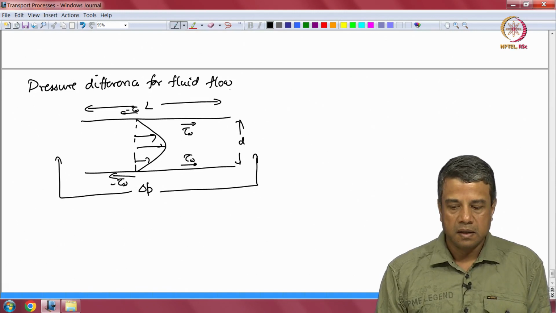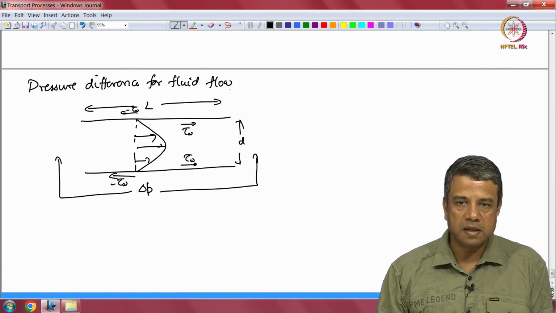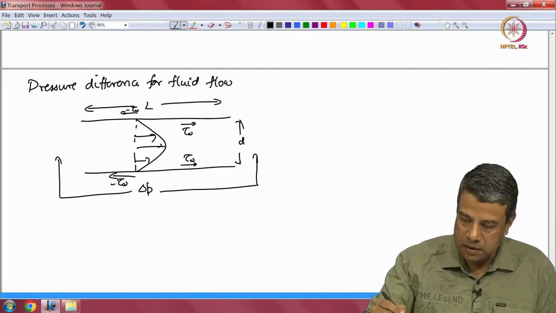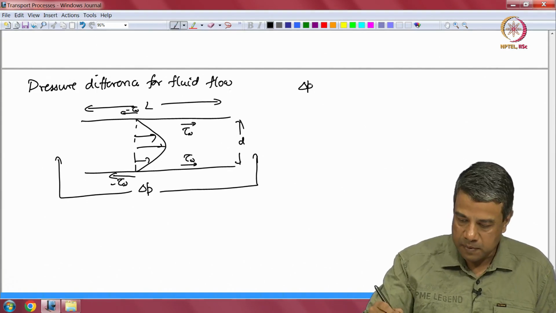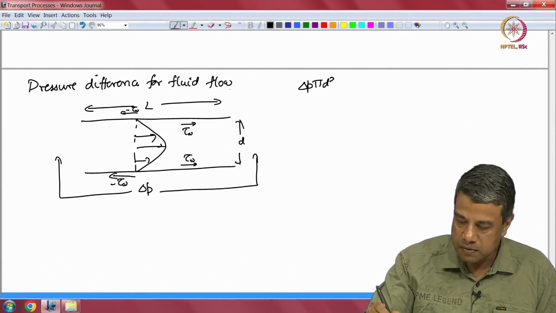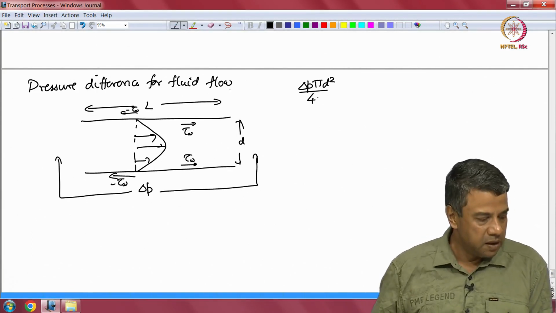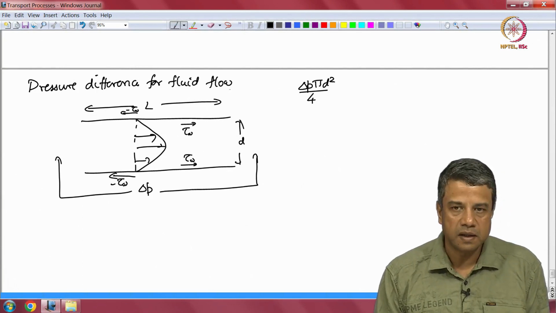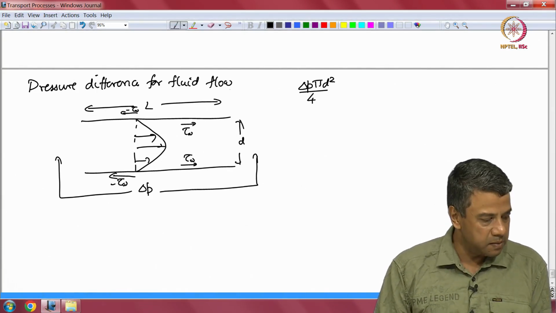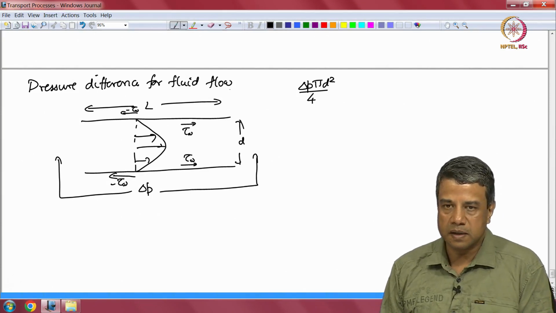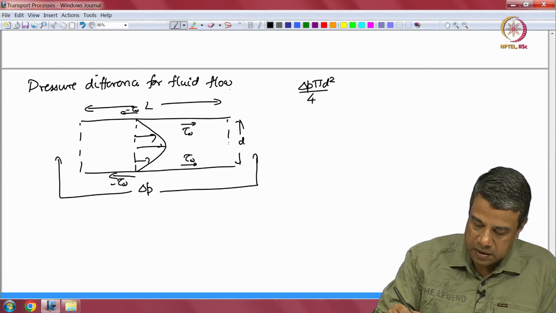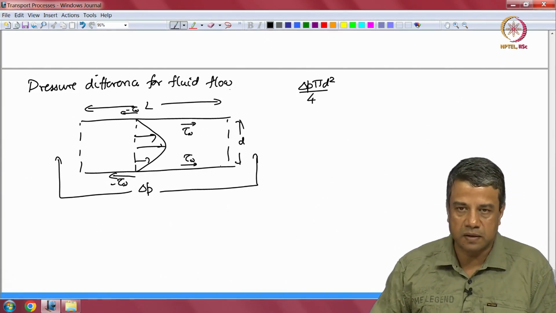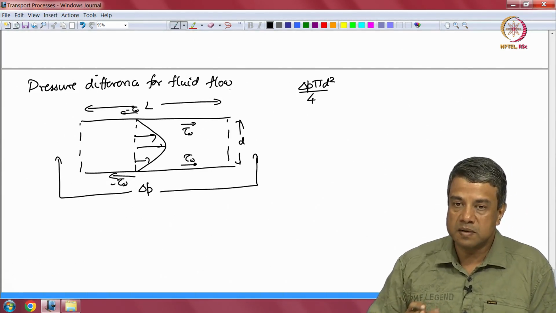The relation between the pressure difference and the stress is basically a force balance. The force in the downstream direction between the inlet and the outlet due to the pressure difference is equal to the pressure difference times the cross sectional area. For a pipe of diameter d, it is pi d square by 4.